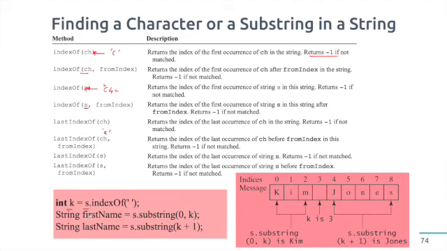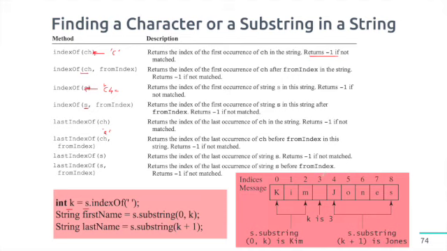And we can also store the first name, which is a substring of s from the beginning until we reach the empty space, which is k, the index of that. And the last name will be: string lastName is equal to the string s, which includes the full name, dot substring from the index k until the end.